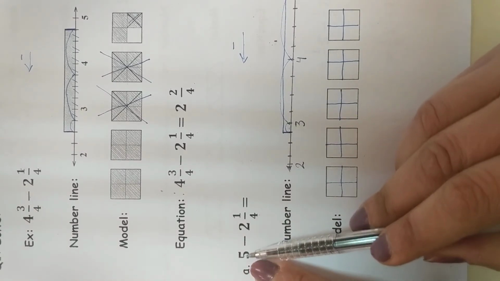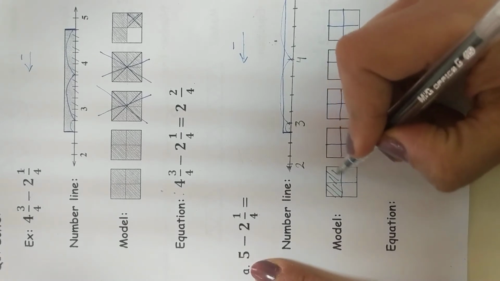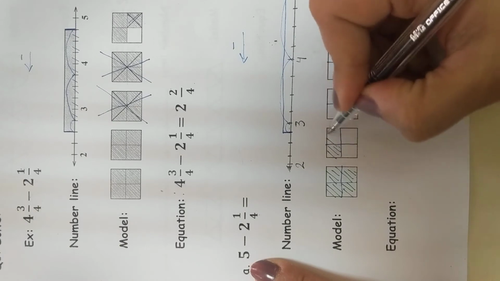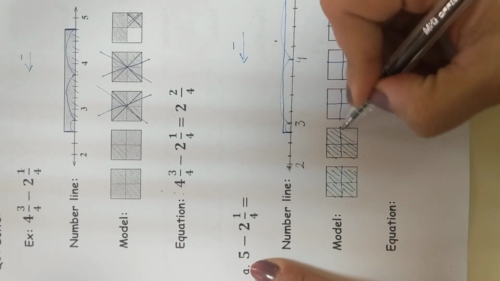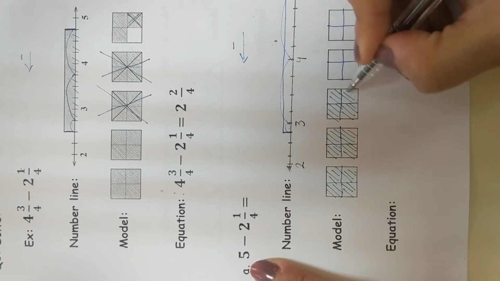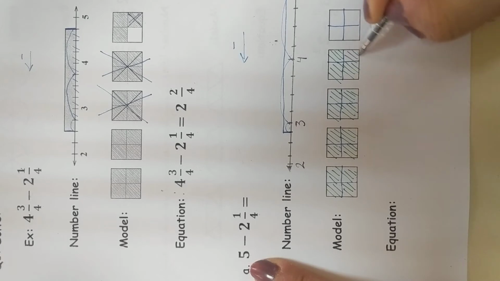I have 5 whole numbers, so I will shade them all. 1 whole, 2, 3, 4 and 5.